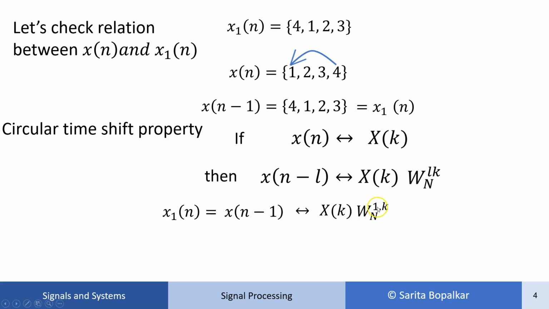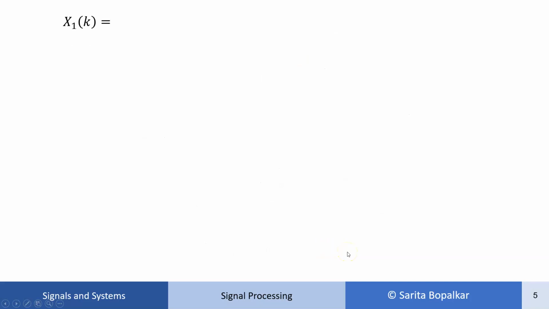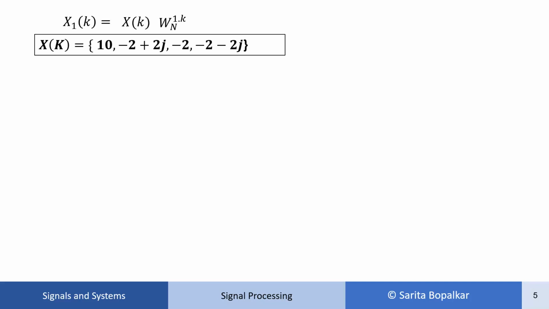So X1(k) is nothing but X(k) multiplied with W_N^{k}. Let's find X1(k). This is our X(k) which we have calculated by the matrix method. X1(k) is X(k) times W_4^{k}, since it is a 4-point DFT.